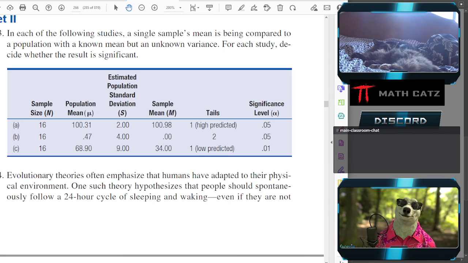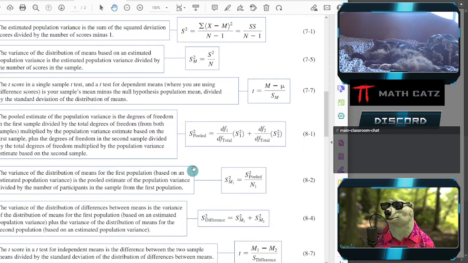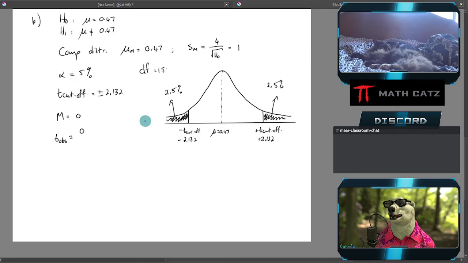Now I have to, based on my observed sample mean of 0, remember, we observed a sample mean of 0. What is the observed t-score? Just standardizing this using the formula here. As a reminder, you don't have to memorize many of these formulas. So the observed sample score minus the distribution mean over the distribution standard deviation of 1. Oh, that's super simple.